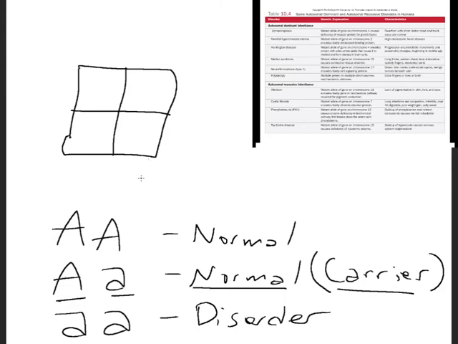Okay, listen to that closely again. One parent has cystic fibrosis. What are the chances that their children will carry at least 1 recessive allele? Okay, well, you're like, well, I can't do it because I don't know what the other parent is. Listen to what I just said. It doesn't matter what the other parent is. The question is asking, what are the chances that the children will carry at least 1 recessive allele?